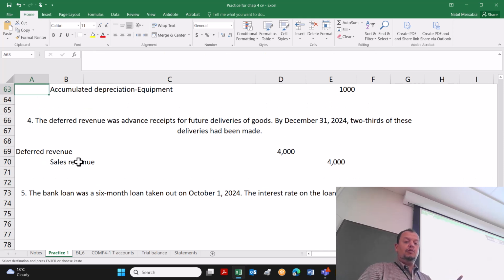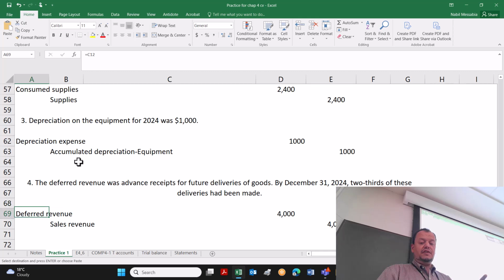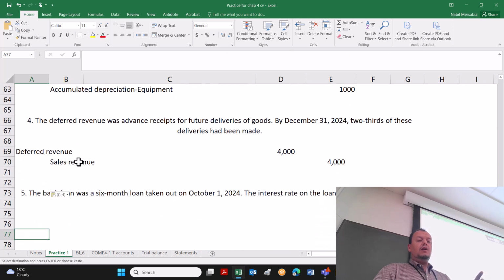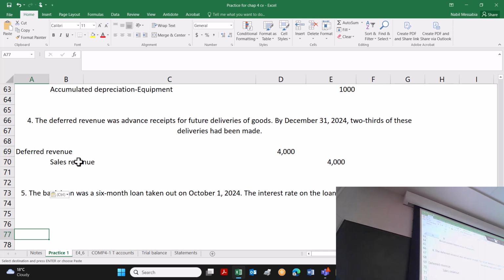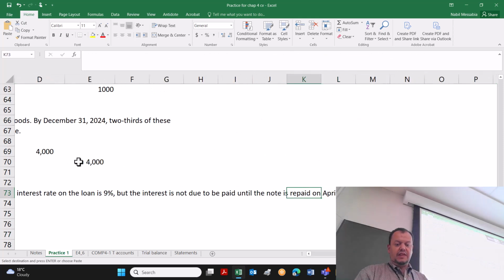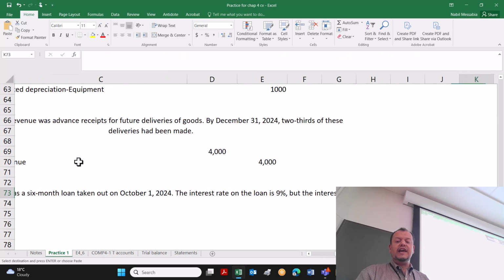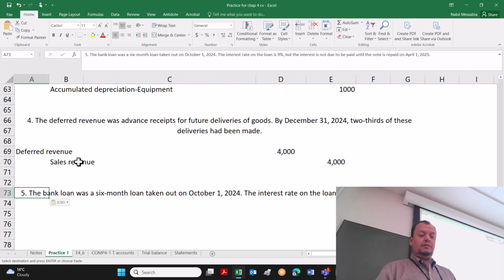So we are at December 31st, 2024, right? October 1st means 3 months ago: October, November, December. 3 months ago, we took that loan of $20,000. And there is an interest rate of 9%, and the interest is going to be paid in April next year, 2024.